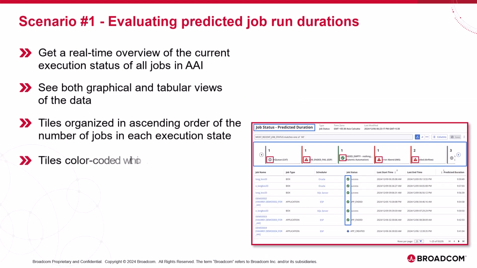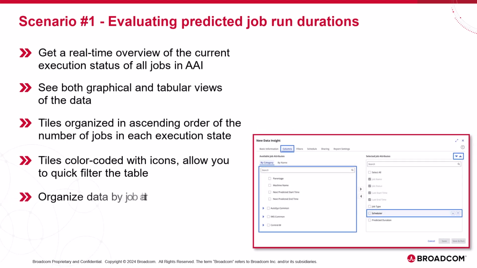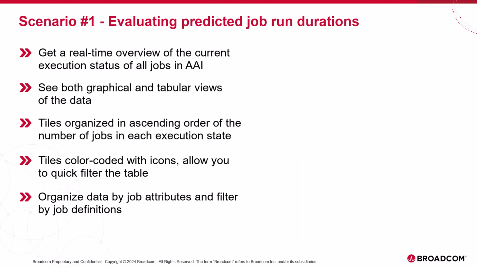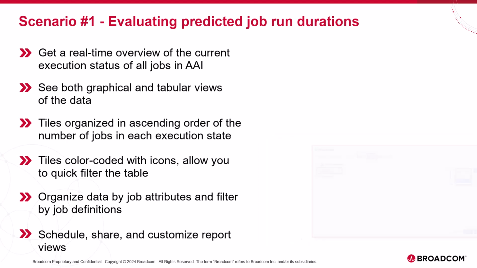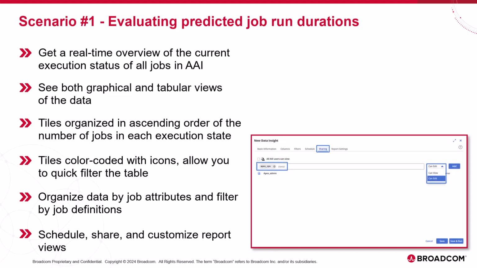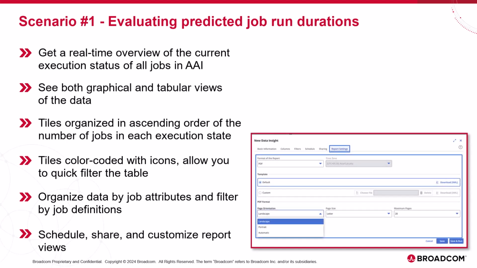The tiles, each with a color-coded icon representing a specific state, allow you to quick filter the table by their statuses. You can organize data by job attributes and filter the data by job definitions. And as with other data insights in AAI, you can schedule and share the data insight and customize your report settings.